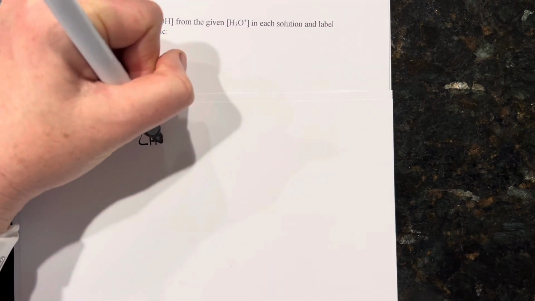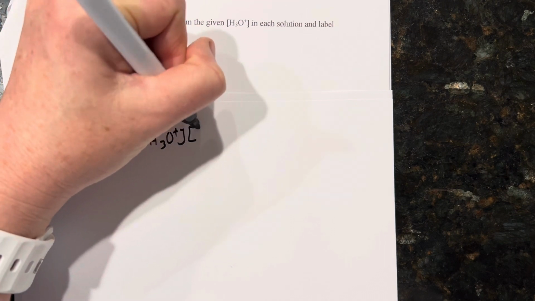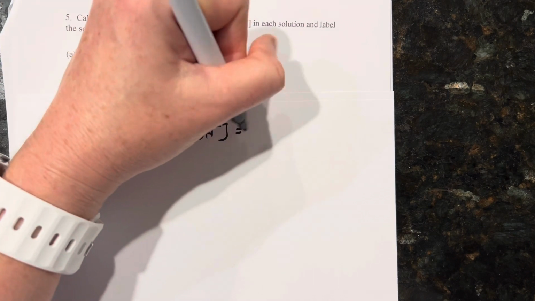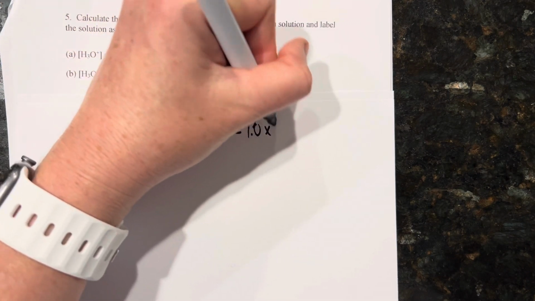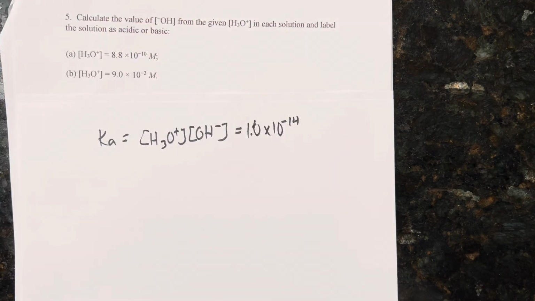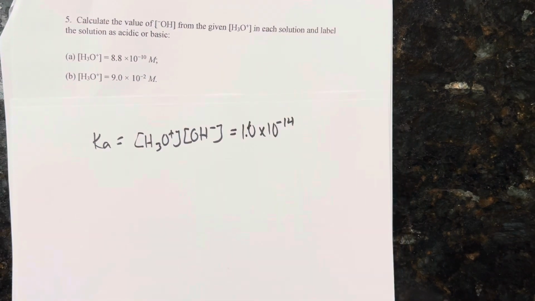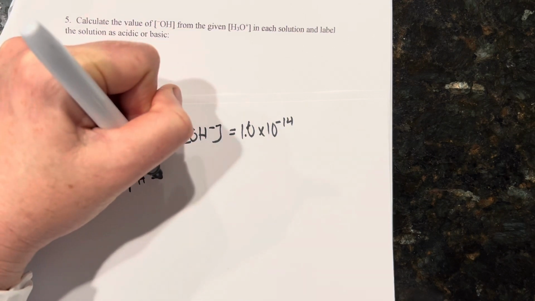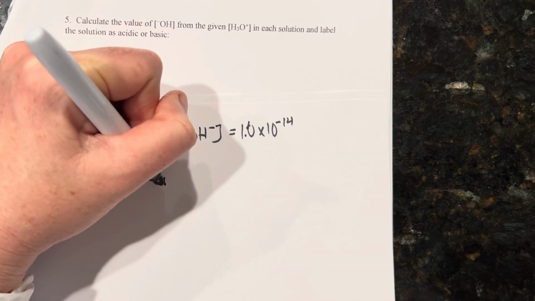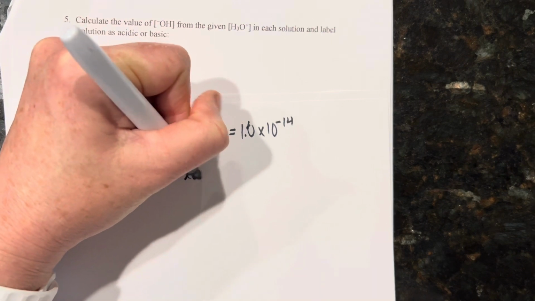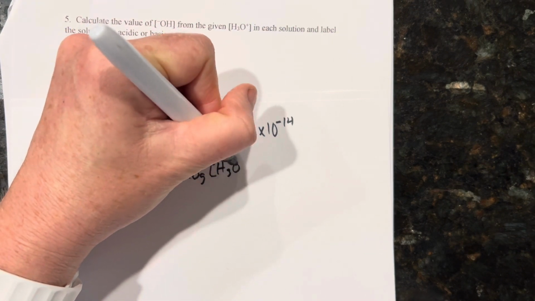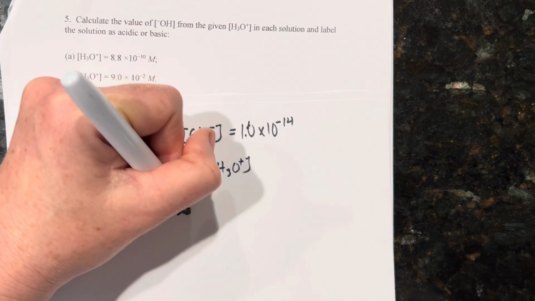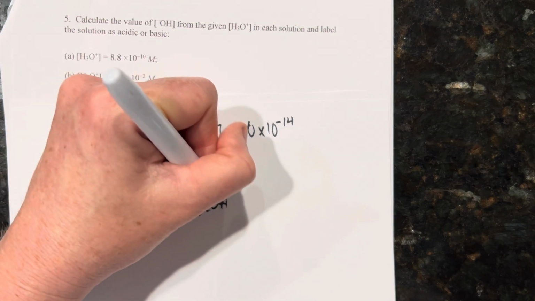We started off by talking about the H3O plus concentration times the OH minus concentration, and we said that that equaled Kw, which also equals 1.0 times 10 to the negative 14. We said pH equals the negative log of the H3O plus, where p means negative log of. We said that pOH would therefore be the negative log of the OH minus.